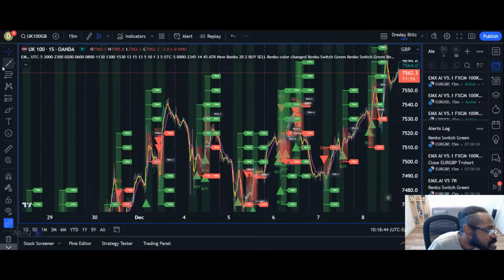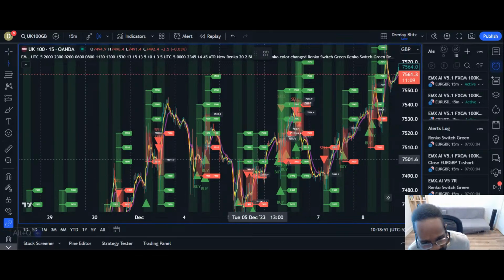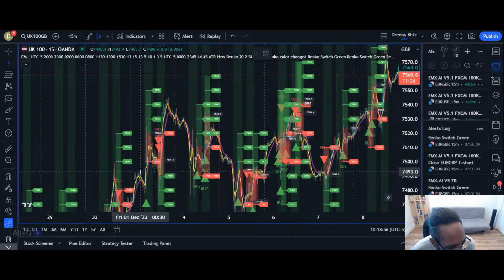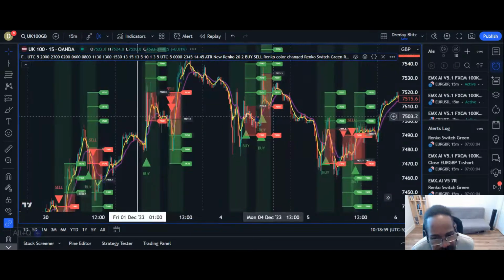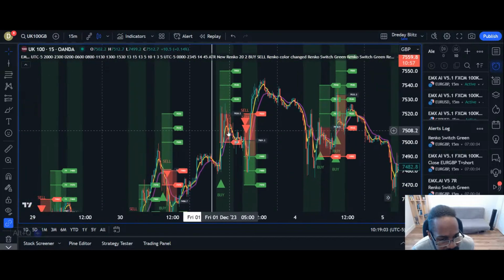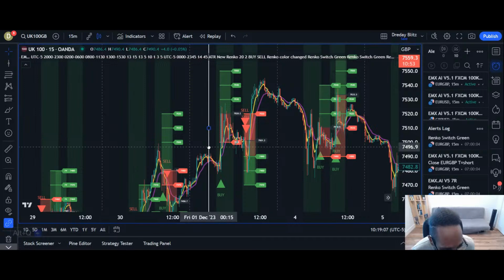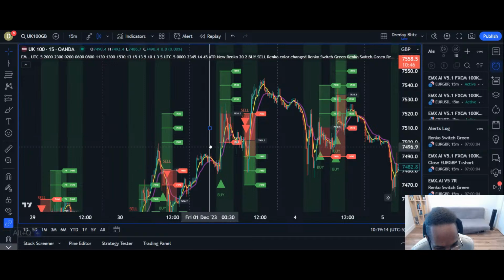So let me plot a vertical line of when the month started. Just going to Friday 1st, midnight.